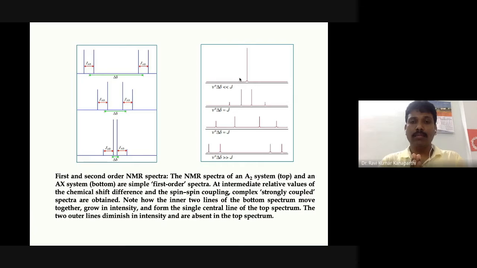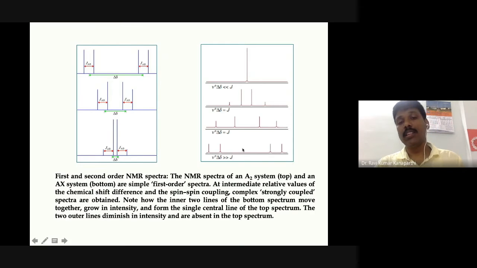But suppose by some technique you can reduce the coupling, then the A2 system slowly becomes an AB spectrum. If you increase the separation further, then it becomes a nice first order spectrum.